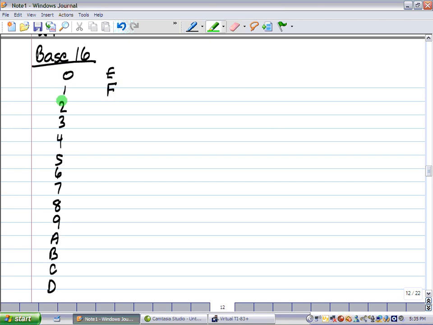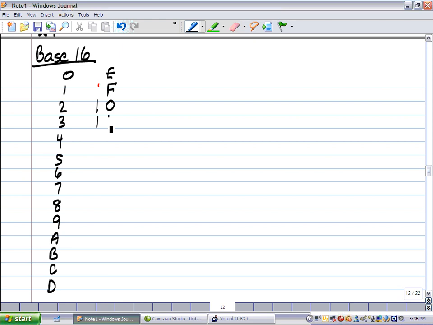Yes. 1, 2, 3, 4, 5, 6, 7, 8, 9, 10, 11, 12, 13, 14, 15, 16 symbols. So after F, we've run out of symbols, so we come to 0, and we have to start a new place value. So we get what looks like 10. It's really in base 16, 16.